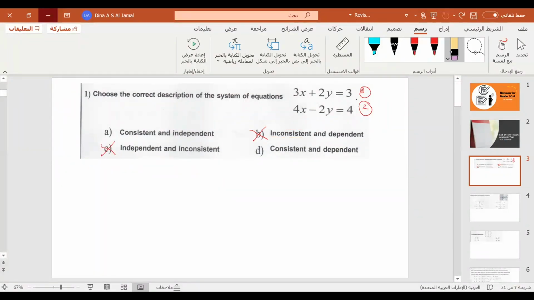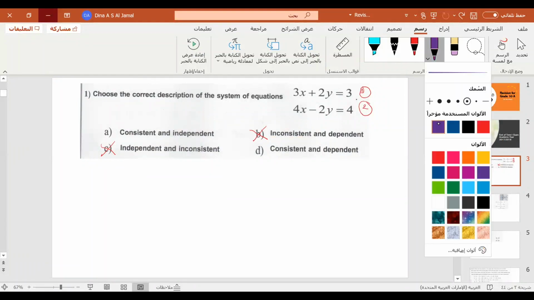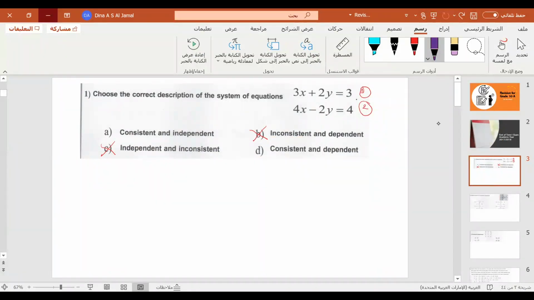That means we already know from the choices that we are going to be having a solution, but I don't know whether it is one solution or many solutions. So let's solve this system together. 3x plus 2y equals 3, 4x minus 2y equals 4.